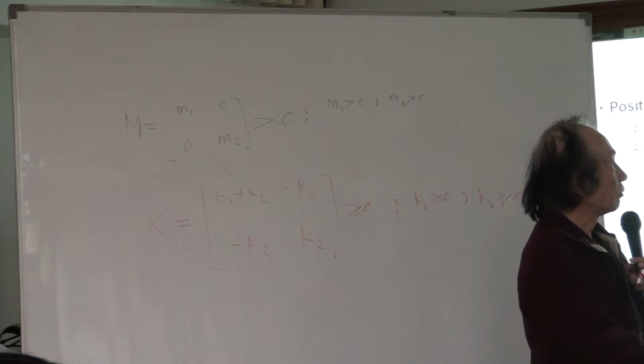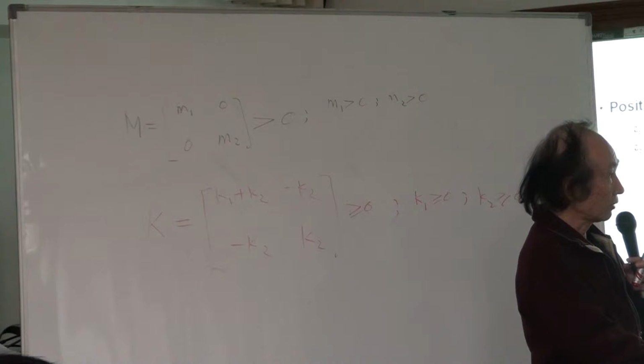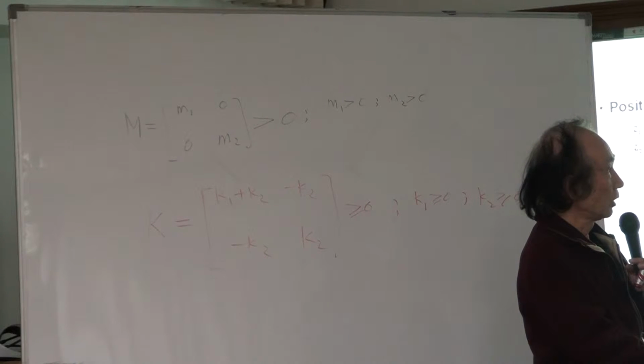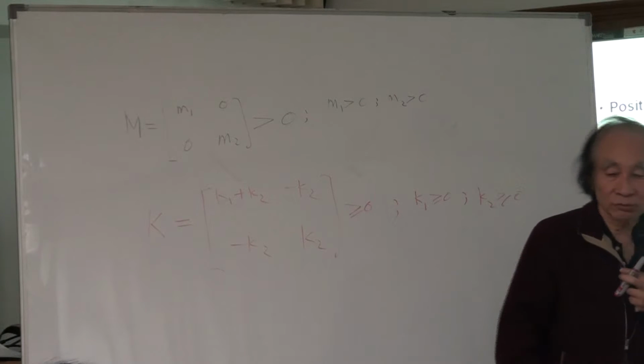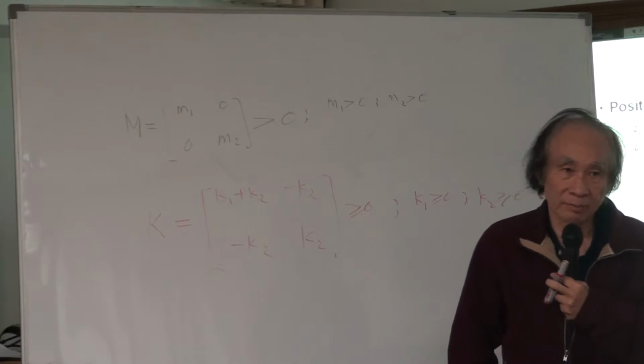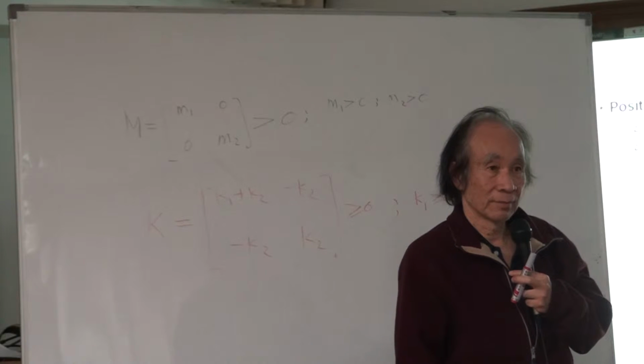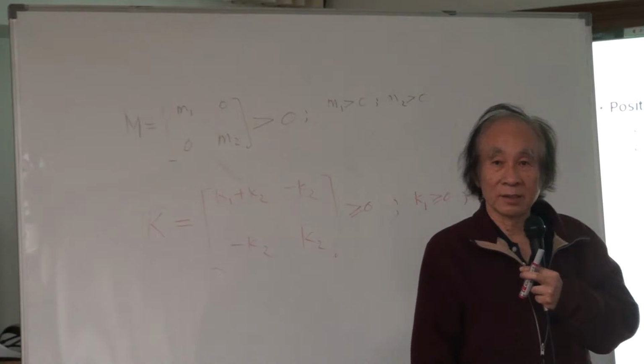If this product is larger than 0 for any z1 and z2 except z1 equal to z2 equal to 0, then if this is true, for this M1, 0, 0, M2 2 by 2 matrix, we call that positive definite. This is the definition.